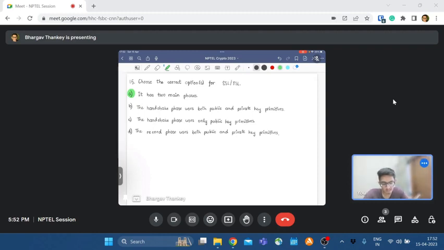Option B is the handshake phase uses both public and private key primitives. Well, this is also true because if you recall, in the handshake phase, it uses public key encryption to establish secret keys that will be used in the record phase, and it also uses MAC, with both the server and the client authenticating some transcripts.